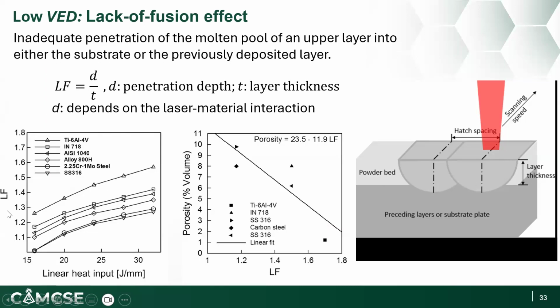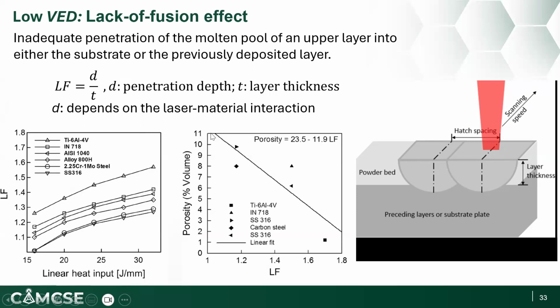At the bottom, you can see a typical plot of the lack of fusion coefficient LF versus the energy density input. With higher and higher energy density input, your laser penetration depth will increase gradually, and this will allow you to achieve a higher and higher D over T, so the porosity will be reduced. On the right side, you can see the porosity as a function of this lack of fusion coefficient.